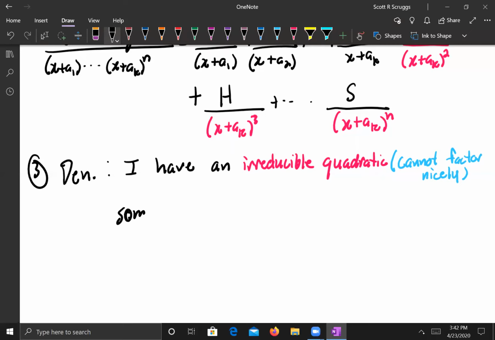So again, I have something in the numerator. Let's say I have a linear term. Now let's say that I have an irreducible quadratic term.